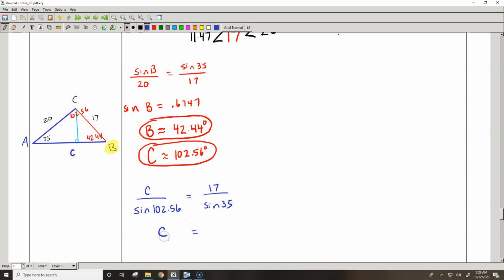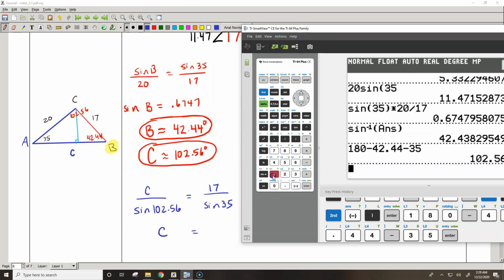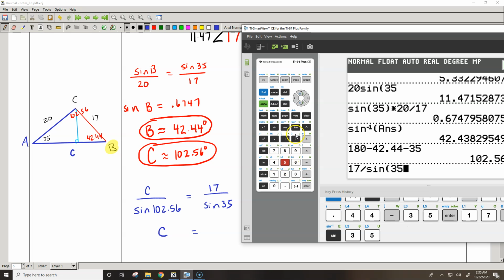So therefore, C is going to equal, I'm going to bring out the calculator, 17 divided by sine 35 on the right hand side, but then I would have to multiply on both sides by the sine of 102.56.